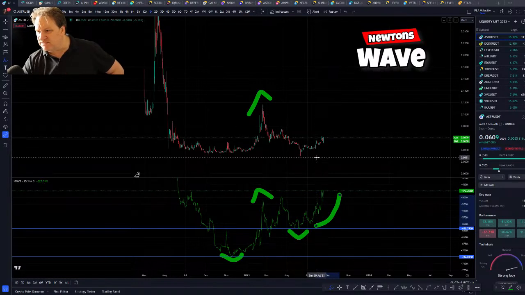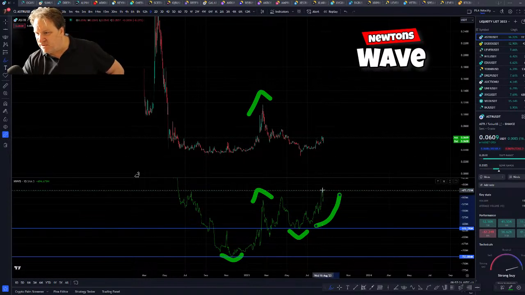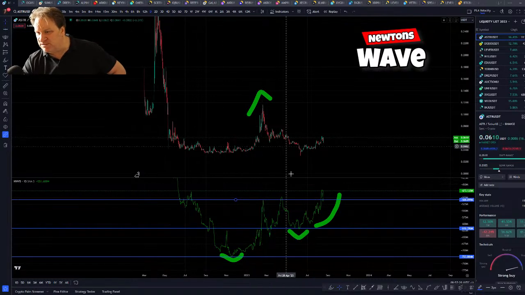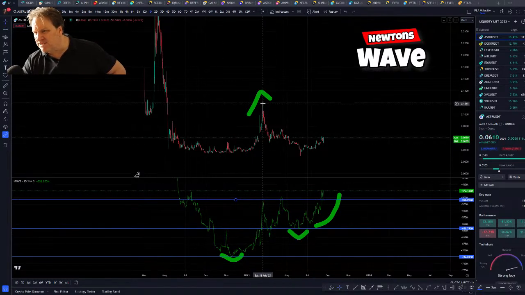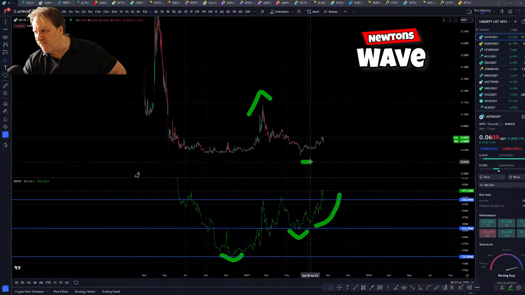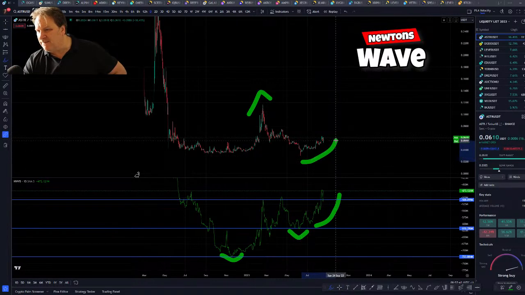Newton's wave has beaten the previous peak set here, which, if we look at the price, is 11 cents. So the deposits right here have topped 11 cents, but it hasn't been reflected in the price yet.